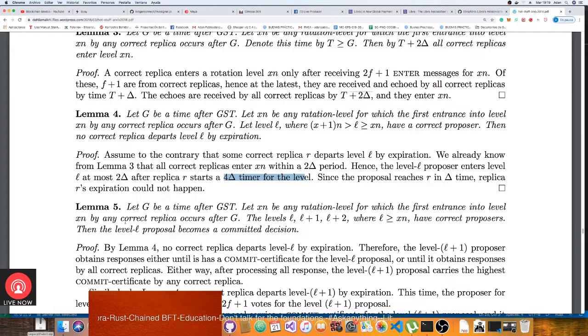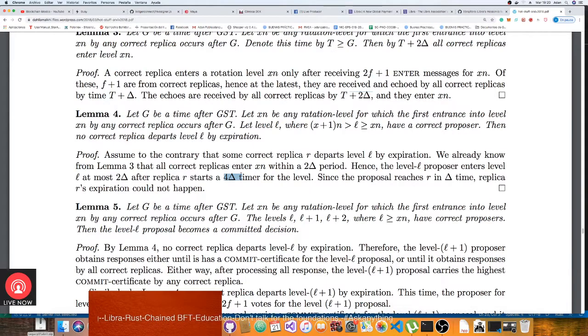But the thing here is that this level L proposer enters level L at most 2 delta. So this is the lower bound in a kind of condition and the upper bound. But you don't know if this could be the upper bound. So you need another lemma.